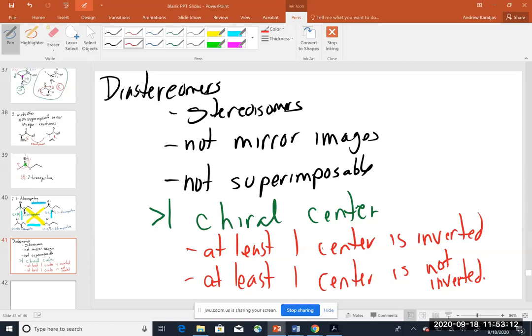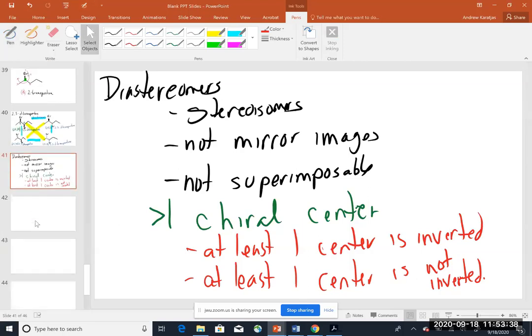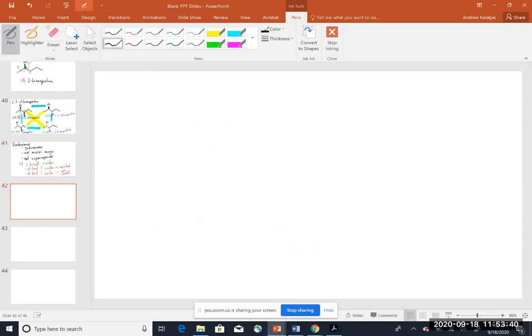So this is one of those things that will require a lot of practice. And the more practice you can do here, the better. I mean, we say that for everything, but that's even more true here. I just want to finish this section with two other quick definitions, but things that we should be aware of. The first one is what we call a meso compound.